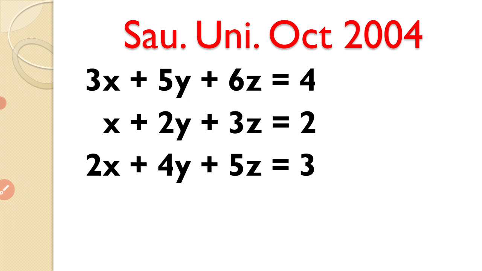First you note down the question. 3x plus 5y plus 6z is equal to 4. x plus 2y plus 3z is equal to 2. 2x plus 4y plus 5z is equal to 3. There are 3 different equations given.